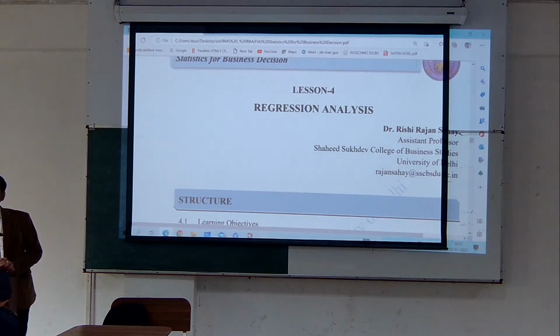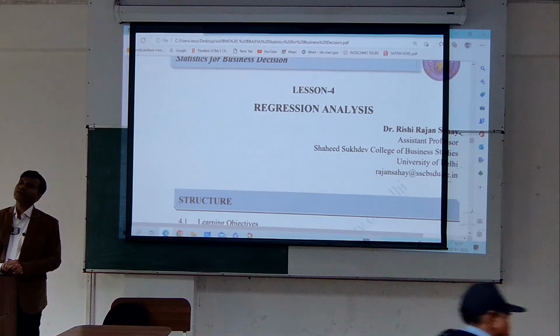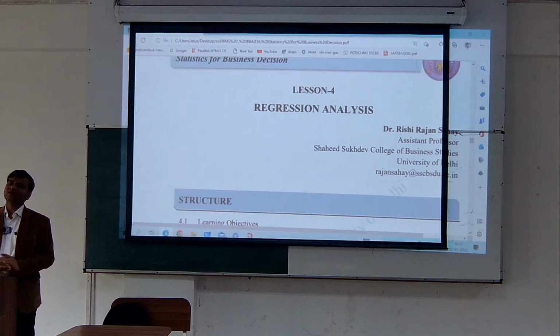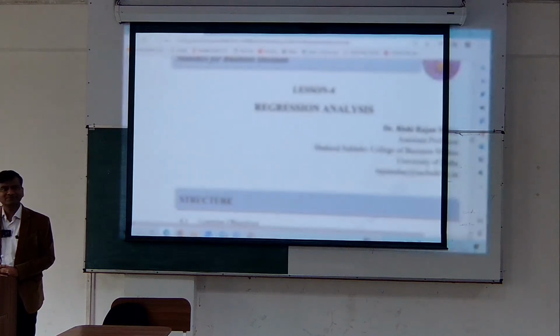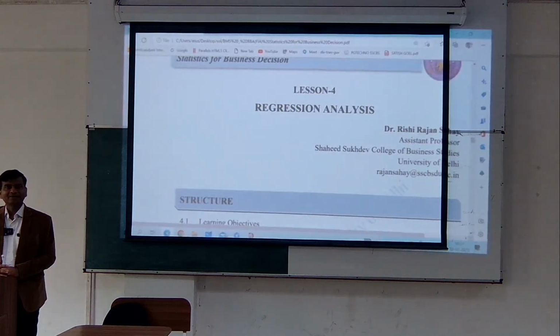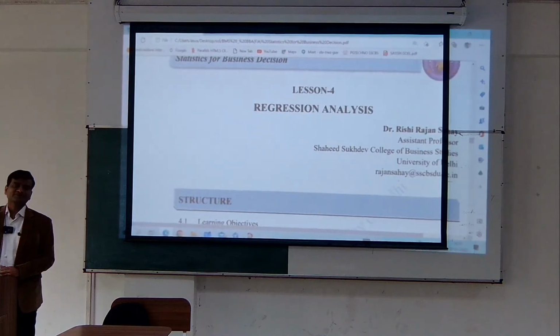Meanwhile I can just recap what correlation is. Correlation basically measures the relationship between two variables, that means how the two variables are related, what kind of relationship they may have. It may be a positive relationship, it may be a negative relationship, and you can find the amount of relationship also.